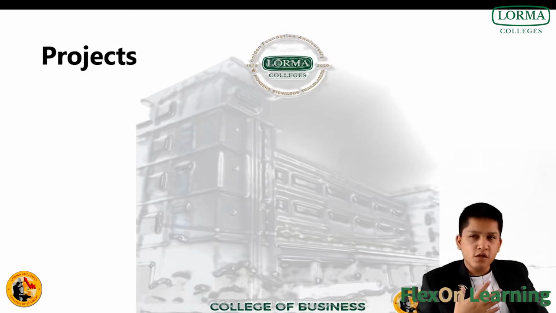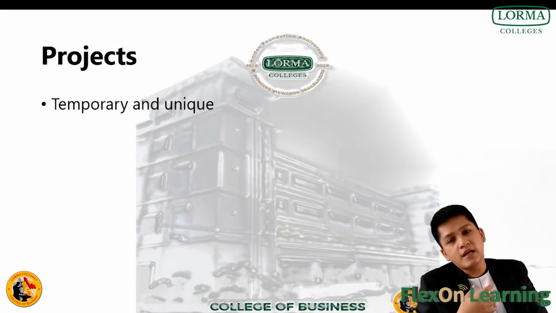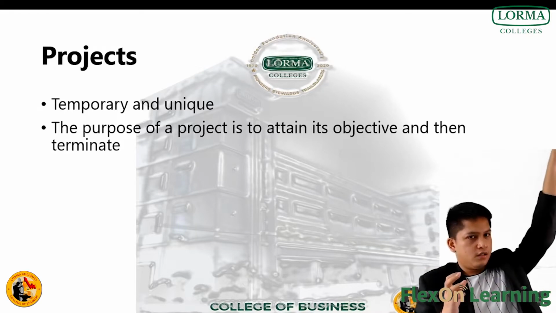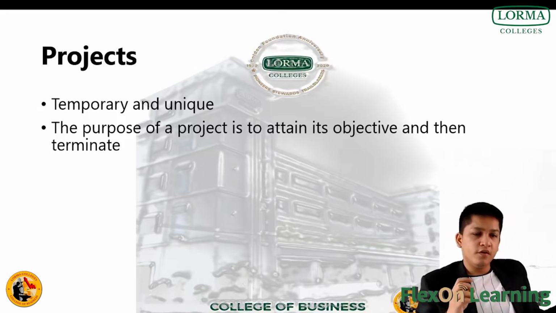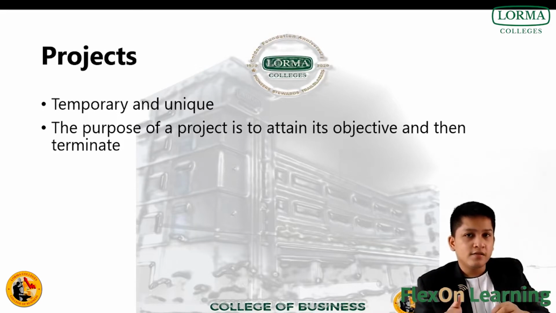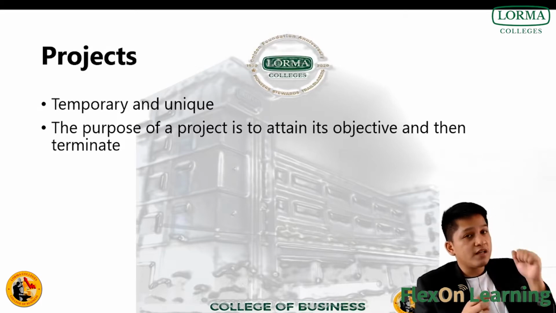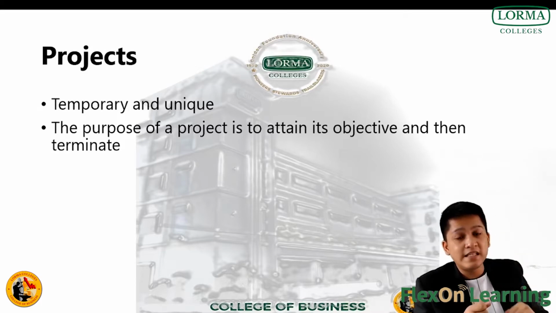While projects are temporary and unique. Why? Because the purpose of a project is to attain its objective and then terminate. In the first image, the engineer building an infrastructure, after that, the process terminates because they already attained their objective.